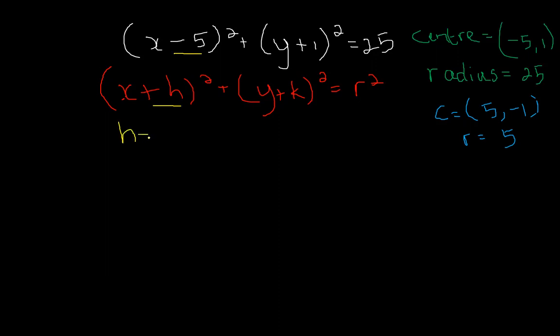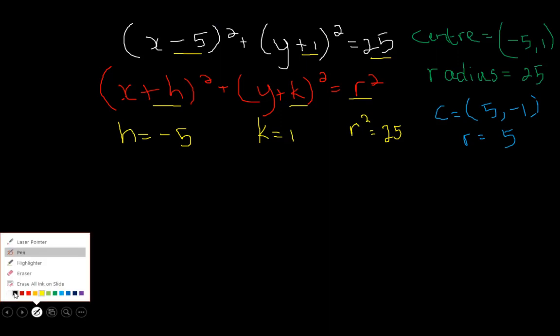So h is equal to -5. K would be equal to 1. That's just looking at the standard form and then looking at the equation they gave us. K, in this case, is equal to -1. R squared is 25. So R squared is equal to 25.